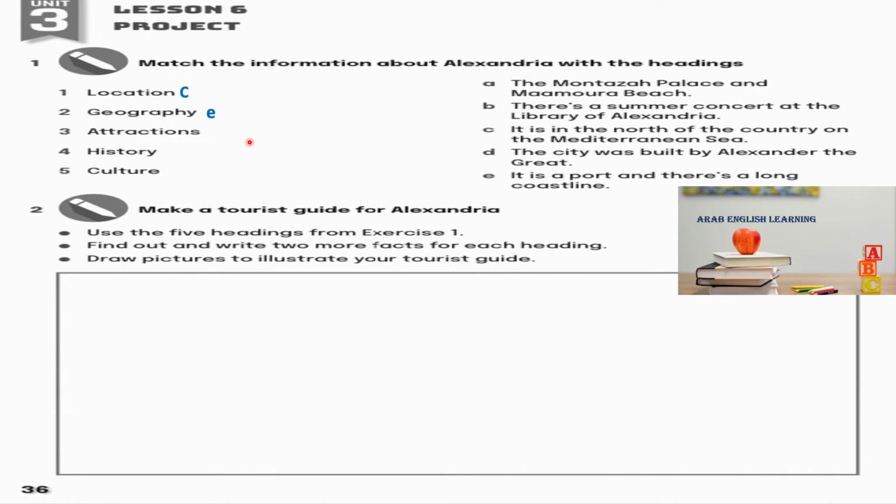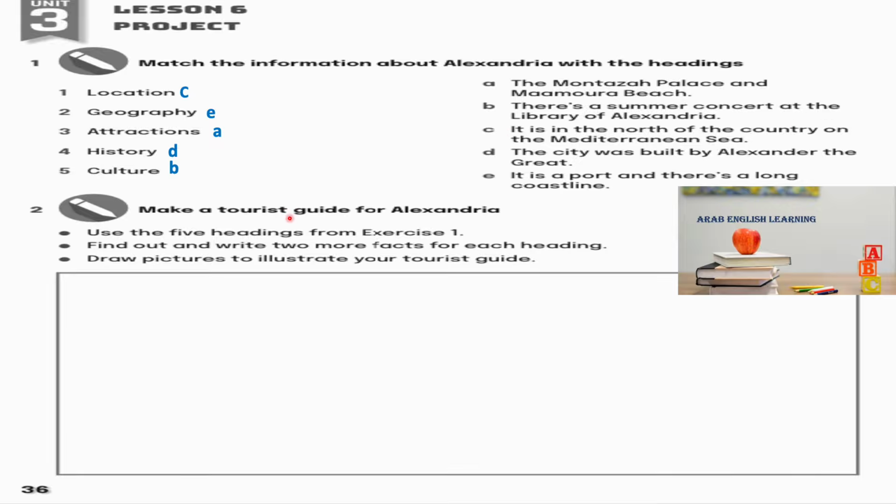Means places people like to visit and are attracted to. It's A. The Montaza Palace and Mamura Beach. 4. History. D. Anything related to history. The city was built by Alexander the Great. 5. Culture. B. There is a summer concert at the Library of Alexandria.